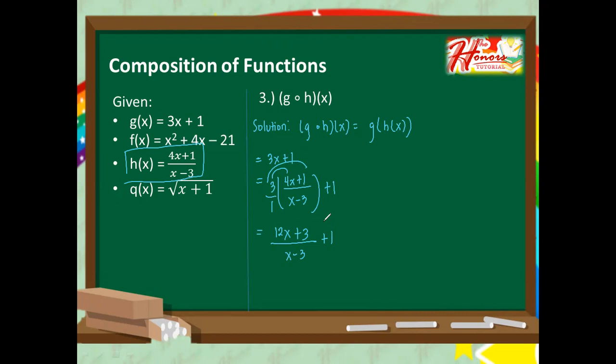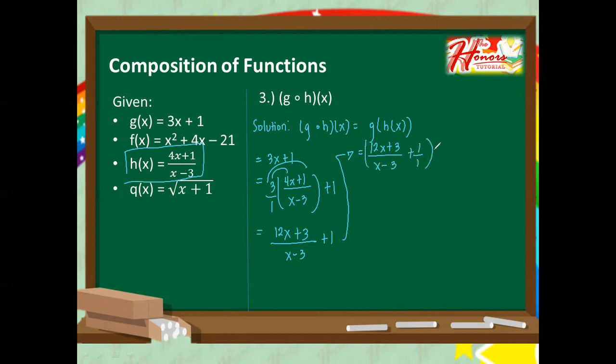For plus 1, we have to simplify that. Okay, so let's use this other part. So how are we going to solve for it? We can use this: 12x plus 3 over x minus 3 plus 1 over 1.